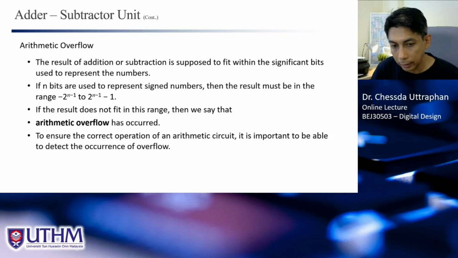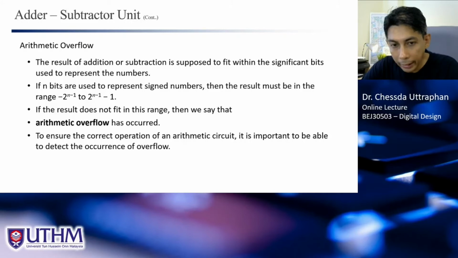When we design the digital hardware, because this is hardware, it is limited, not like our brain that can have any number and calculate any number. For digital hardware, there are limitations in terms of the size of the processing unit.